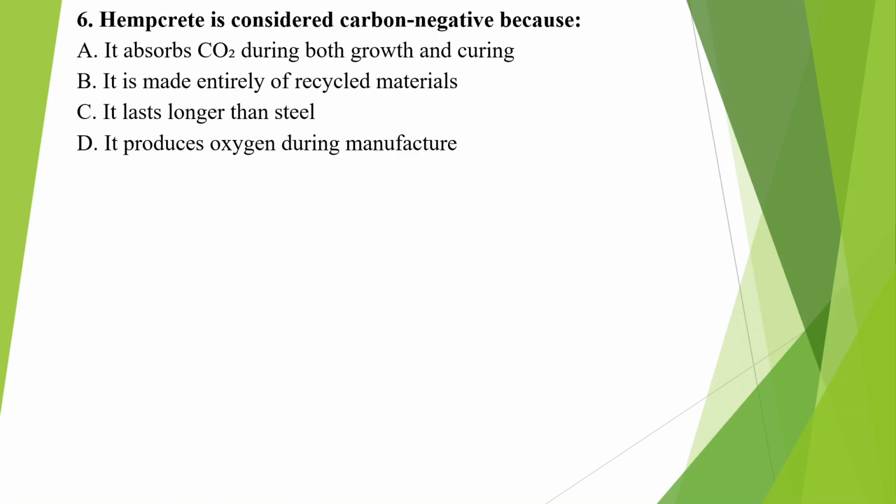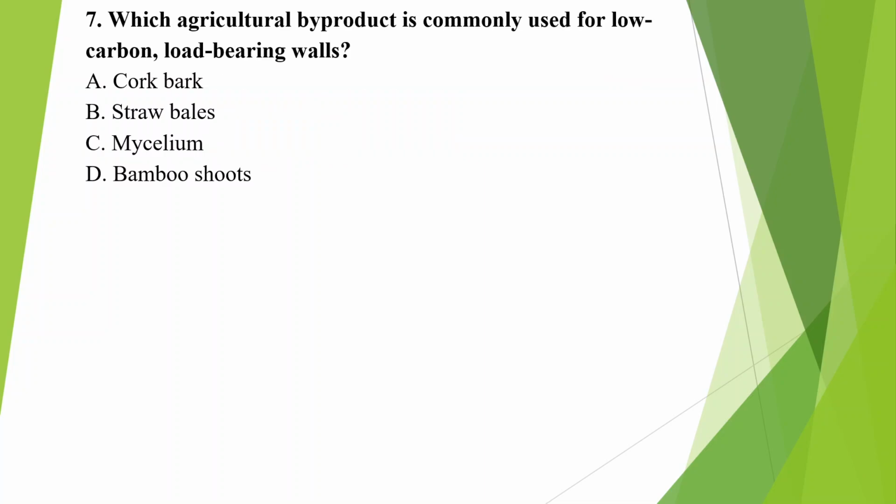All of you have answered the sixth question. Here's the seventh question, which is very important again. Which agricultural byproduct is commonly used for low carbon load bearing walls?